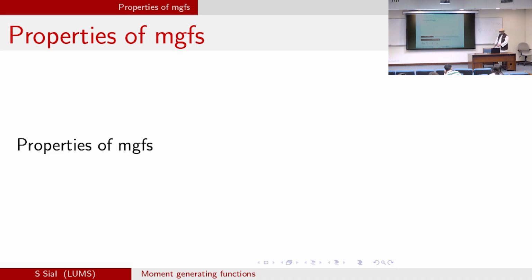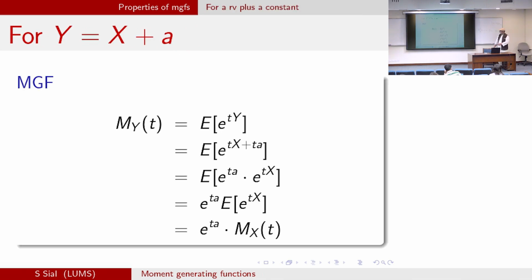So if we already know the MGF for x, and we invent a new random variable y equals x plus a, then the MGF for y as a function of t is the expectation of e to the ty. What's y? Replace y by x plus a. So it's the expectation of e to the tx plus ta. This expectation will be a sum over x's or an integral over x's.